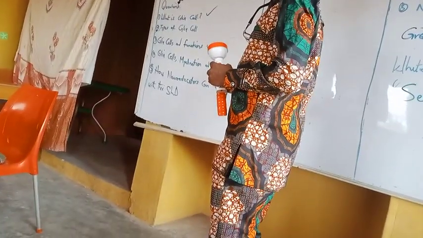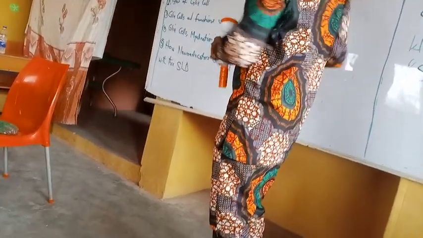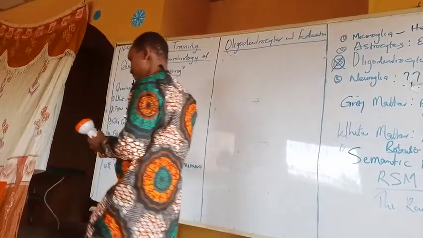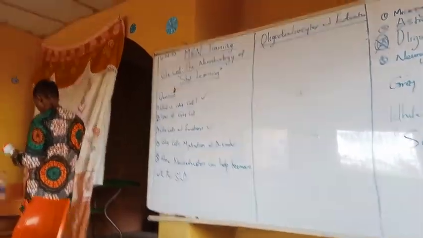And how does this analysis connect to oligodendrocytes? What is the connection between all I've said and oligodendrocytes? Now, let me explain.